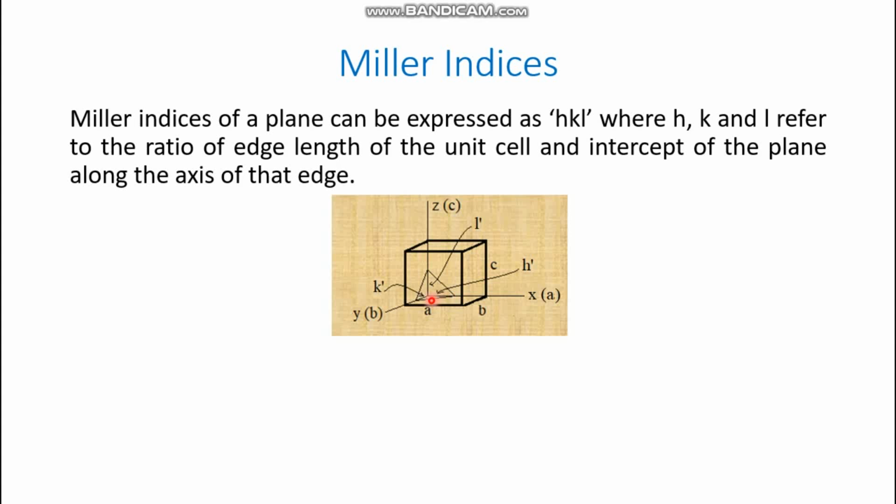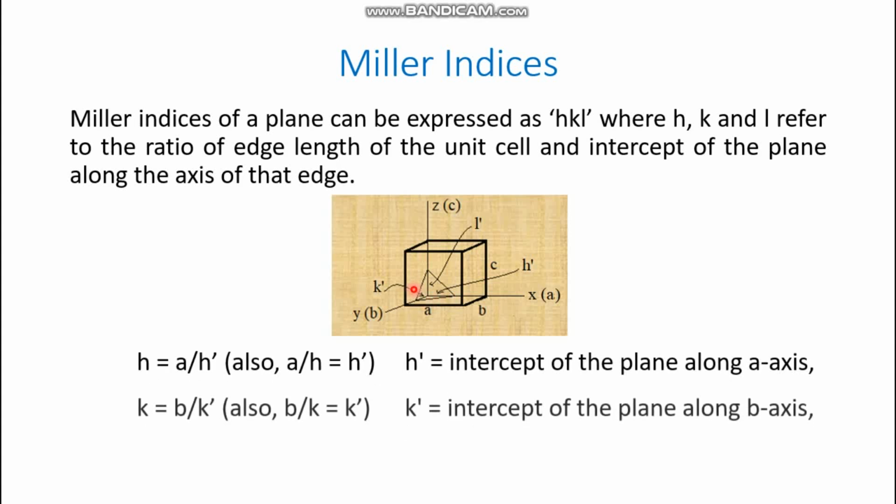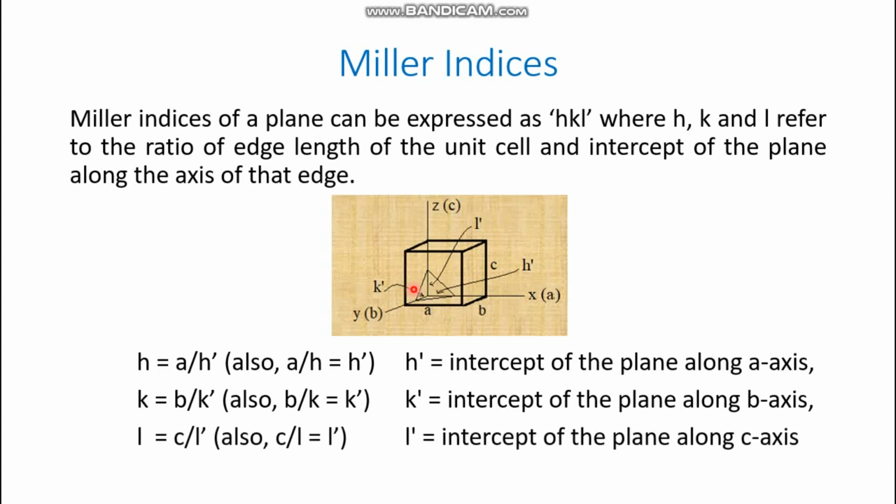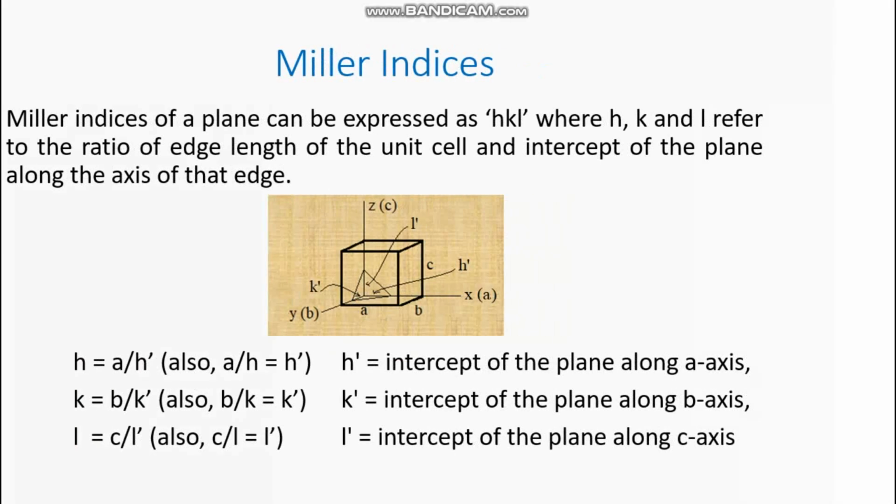The ratio of b and k prime is k, and similarly the ratio of c and l prime is l. And when h, k, and l, after clearing the fractions, are obtained as integral numbers or whole numbers, then this combination of 3 numbers is called the Miller indices of that imaginary plane.